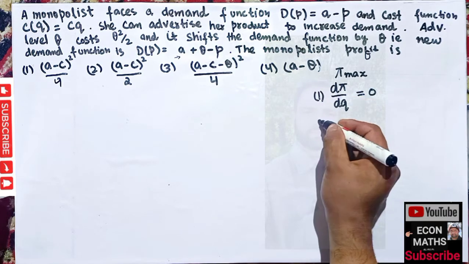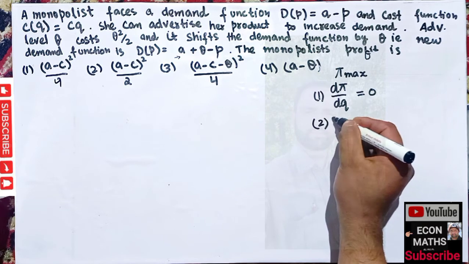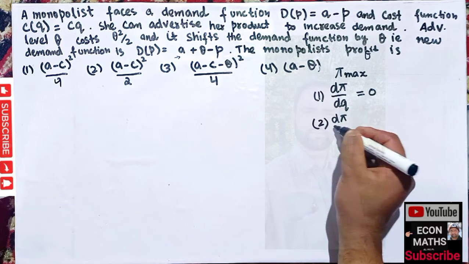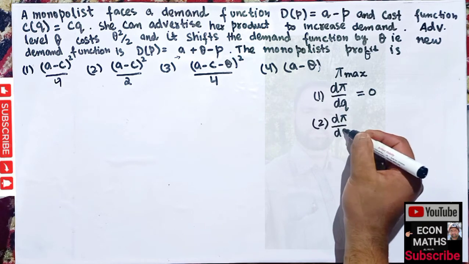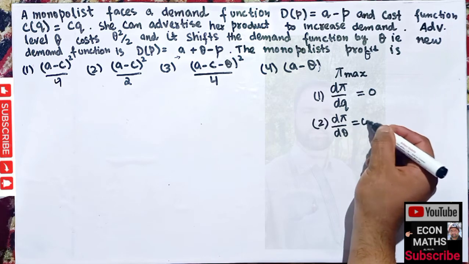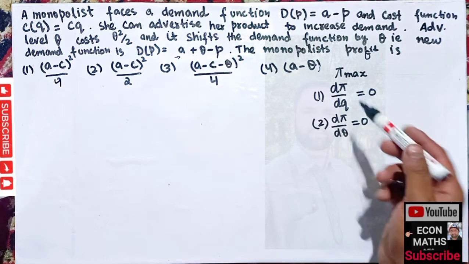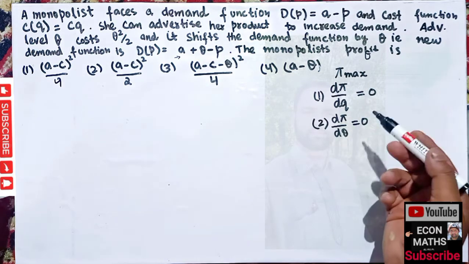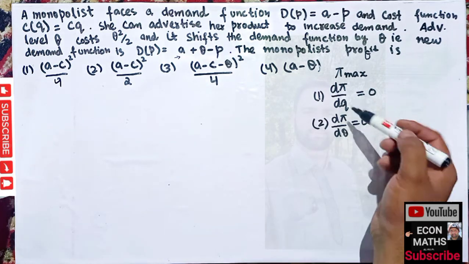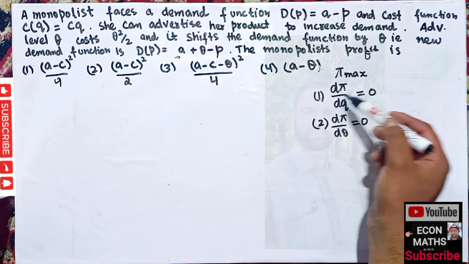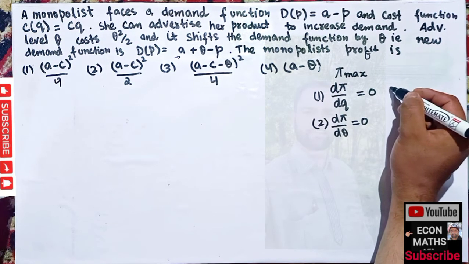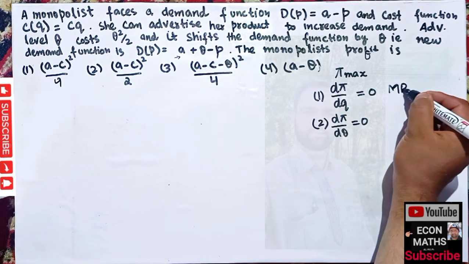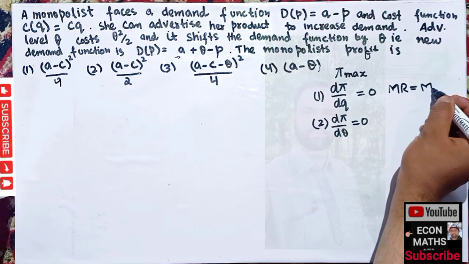And the second condition is that d pi divided by d theta should be equal to 0. These two conditions should be satisfied in finding the monopolist's profit. What is this very first condition? It is simply that our marginal revenue should be equal to marginal cost.